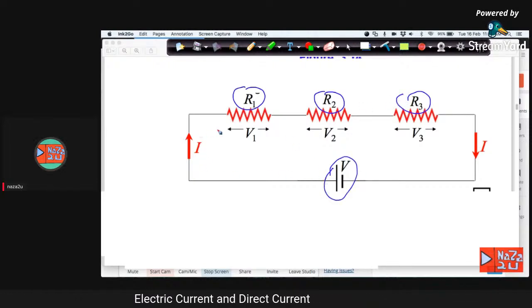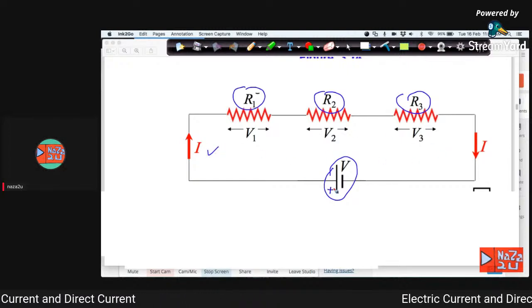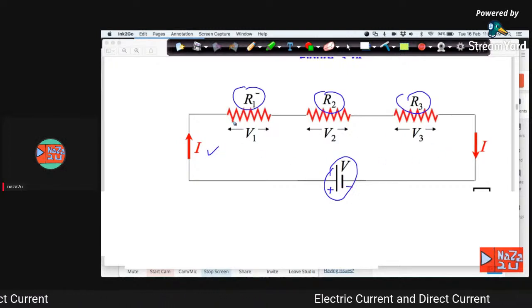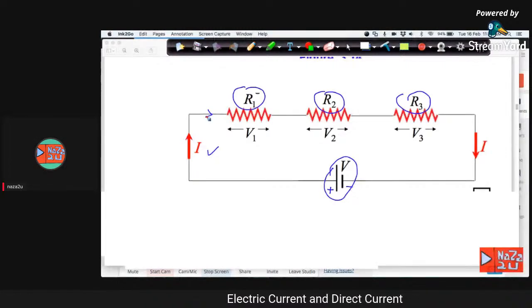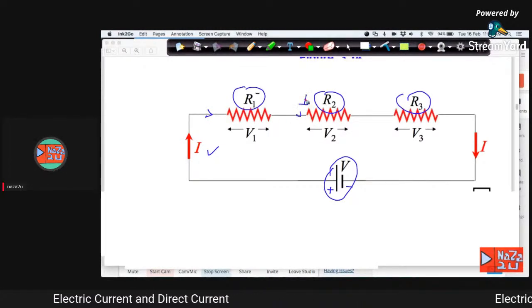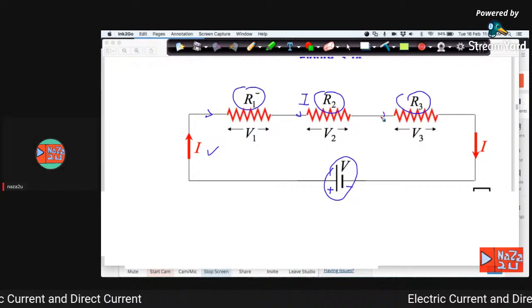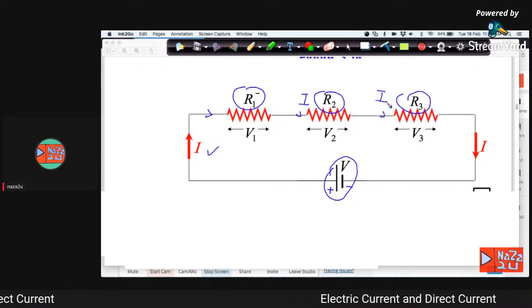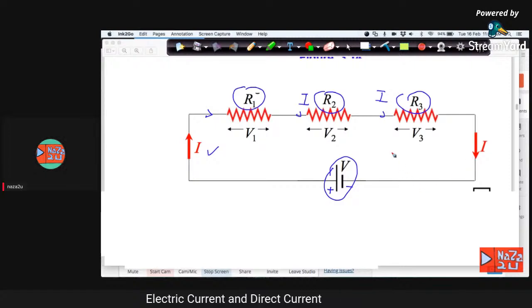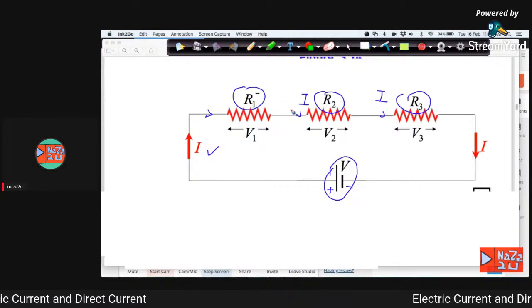So this is a complete circuit. So current flows from positive to negative. So this is the direction. So meaning here, current flows into the resistor 1, current flows into the resistor 2, and the next current flows to the resistor 3. And complete circuit. Yeah. This is how you can set up 3 resistors in the series circuit.